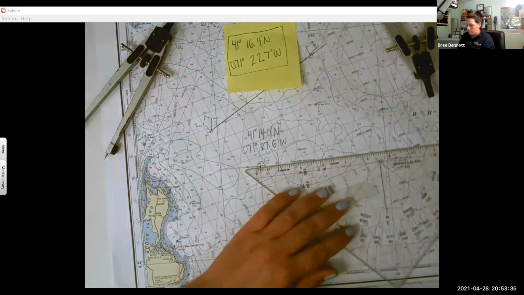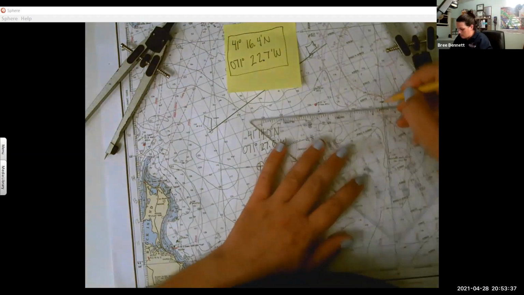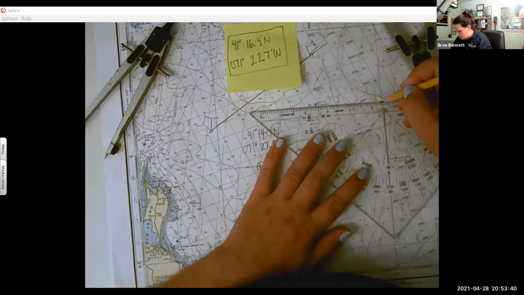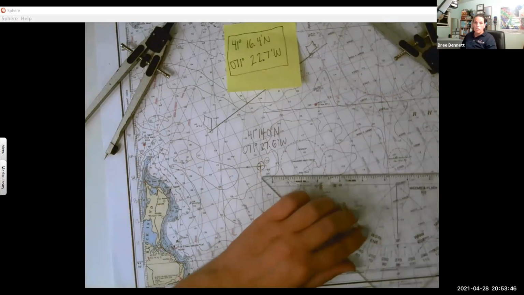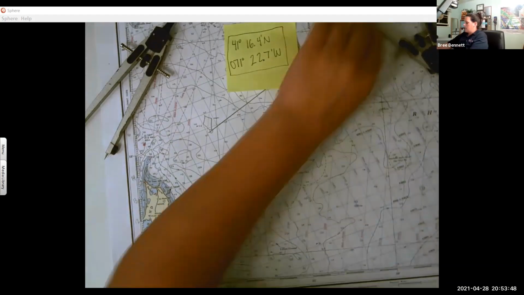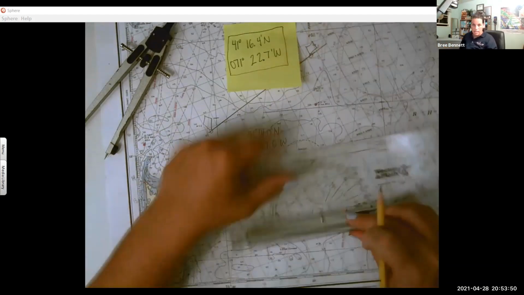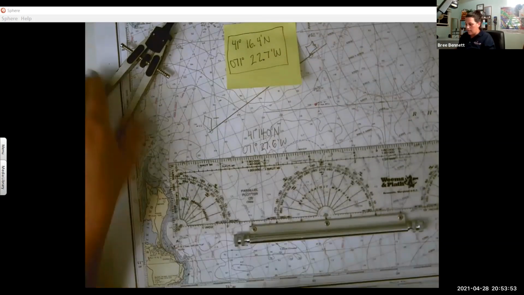Okay, so I'm going to draw in my latitude line using my divider or my triangle here. I'm somewhere along that line. Again, if I had a parallel, I would do the same thing.